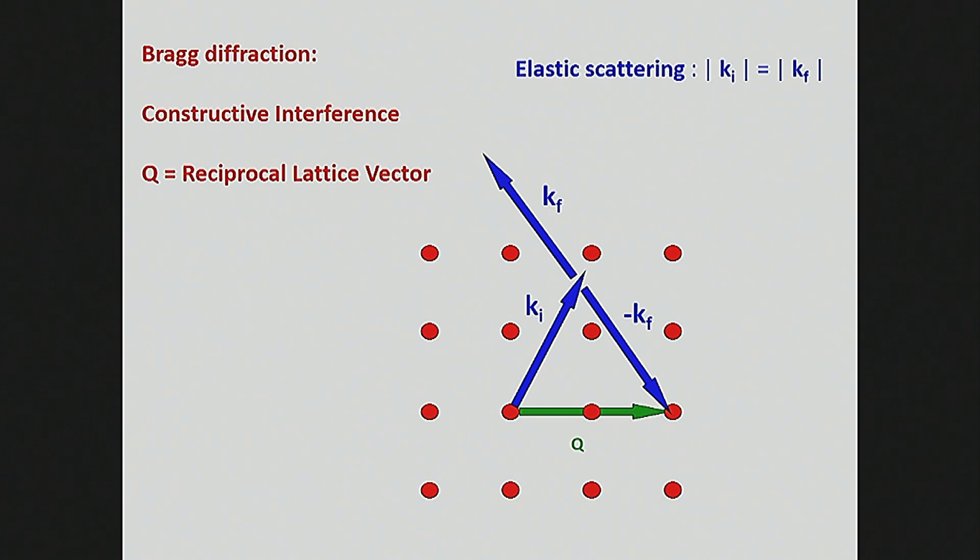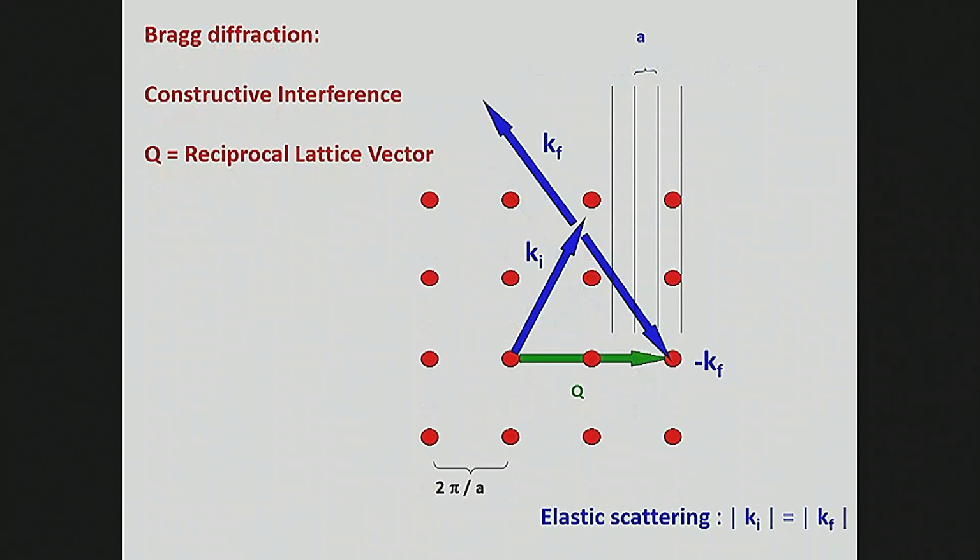So this is elastic scattering that gives you a momentum transfer that is exactly equal to one of these reciprocal lattice vectors. And it turns out that this condition, that the momentum transfer of the scattering event is equal to any combination of reciprocal lattice vectors, is another way of saying Bragg's law.